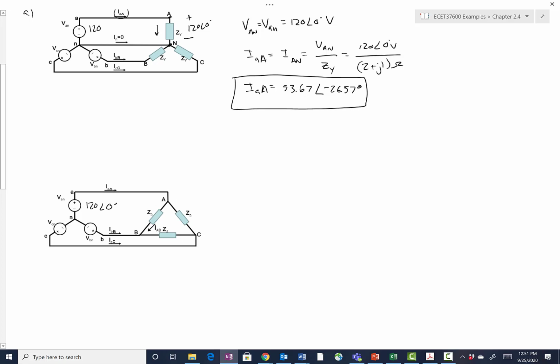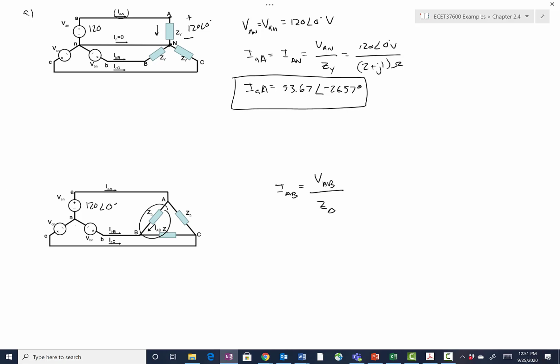The first place we need to start is we need to know that IAB is equal to VAB over Z delta right there. So we weren't directly given VAB.